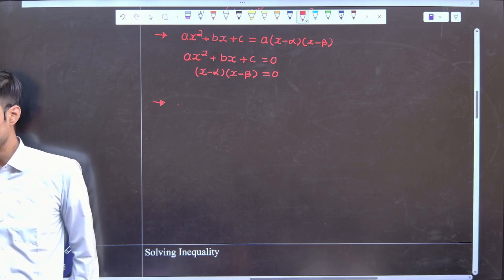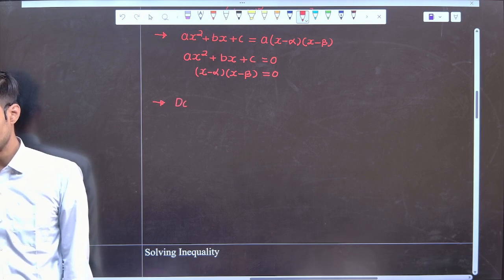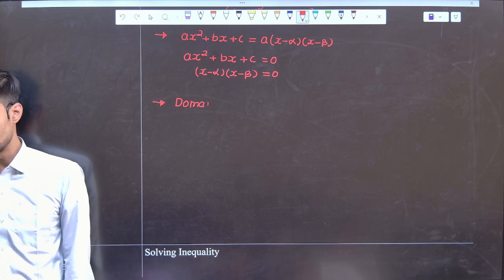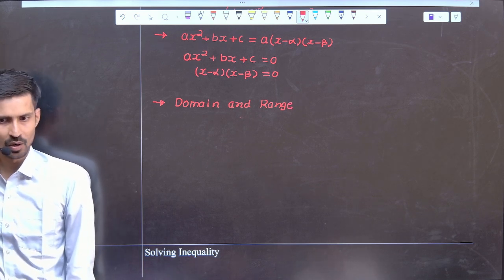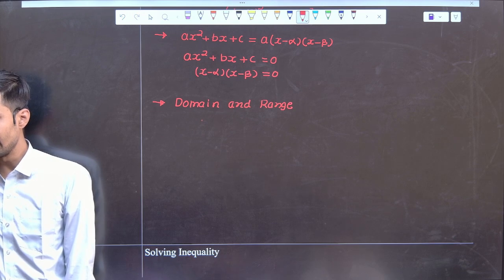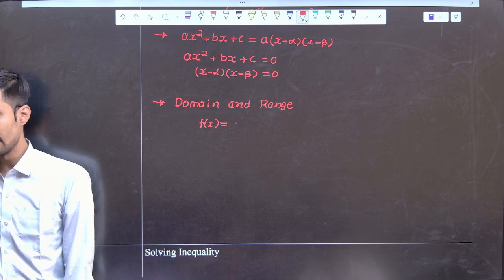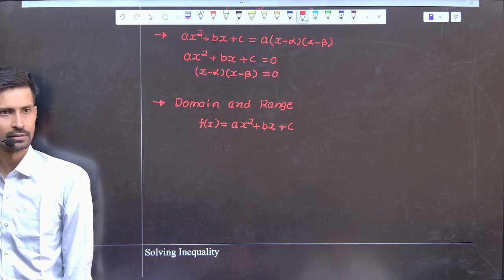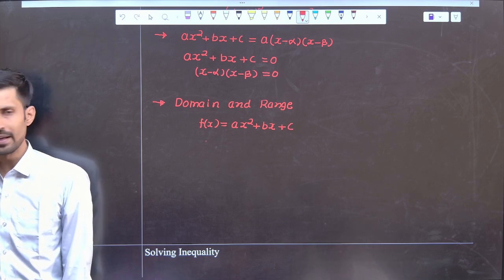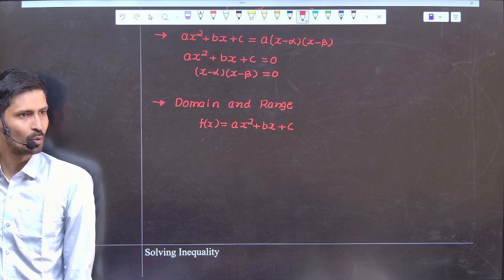So we are going to learn domain and range of quadratic expression. Domain and range. Okay. So see, if we have any quadratic, f of x is equal to ax square plus bx plus c. So domain means input, yes or no? Domain means input.